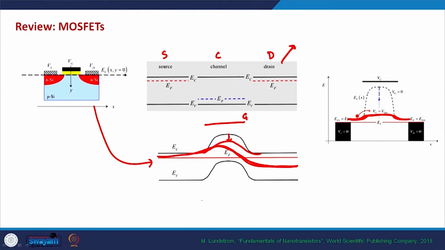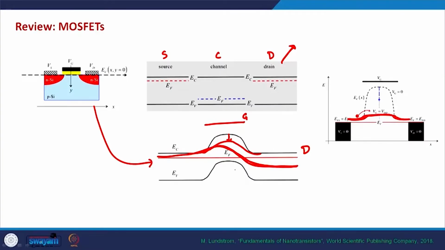So by applying a gate voltage we can change the barrier height itself, and by applying a drain voltage we can change the probability of electrons crossing the barrier. Because of this property, the MOSFET is also known as a barrier controlled device.